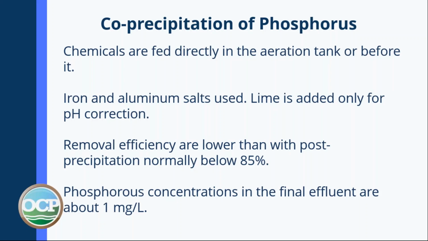It's usually iron or aluminum salts that are used. Lime is only added for pH correction. Removal efficiencies are lower than with post-precipitation, normally below 85%. Phosphorus concentrations in the final effluent typically are about 1 milligram per liter.